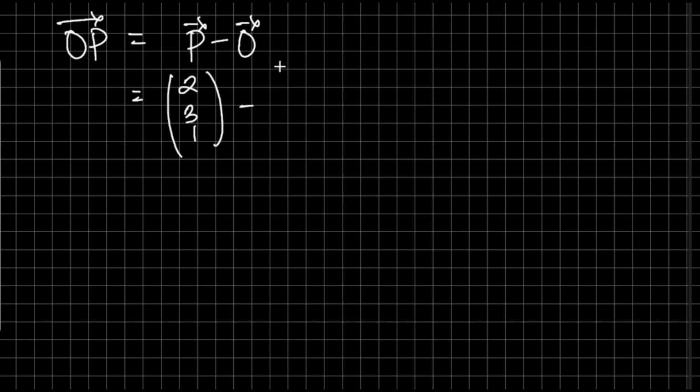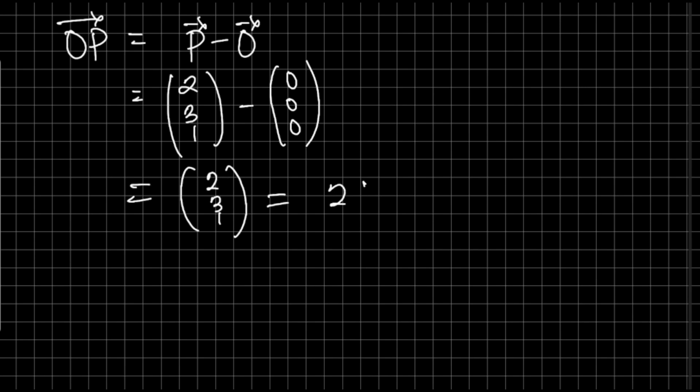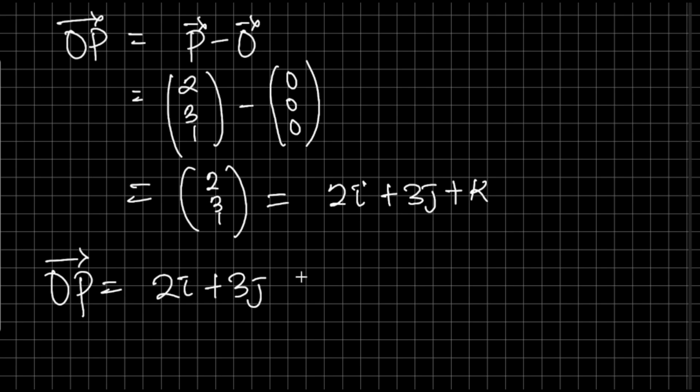The coordinate of O, you know O is at the origin, so that will be 0, 0, 0. By the time you subtract, you have 2, 3, 1, which equals 2i plus 3j plus k. So therefore OP equals 2i plus 3j plus k, which still takes the values of the position P.